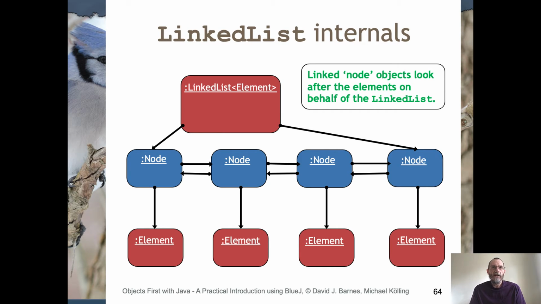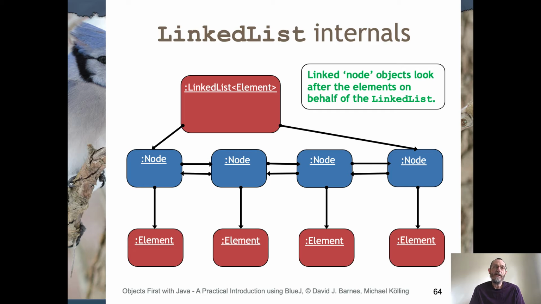A linked list object, although it provides the same external functionality as an array list, internally is implemented completely differently. A linked list object does not use an array to store the items that are part of the linked list. So for each item that we wish to store in the list, it creates a helper object that's responsible for storing a reference to one of our elements.